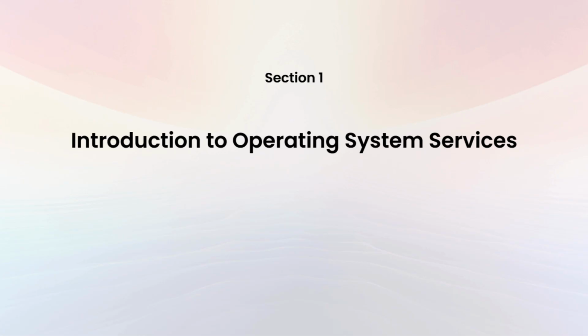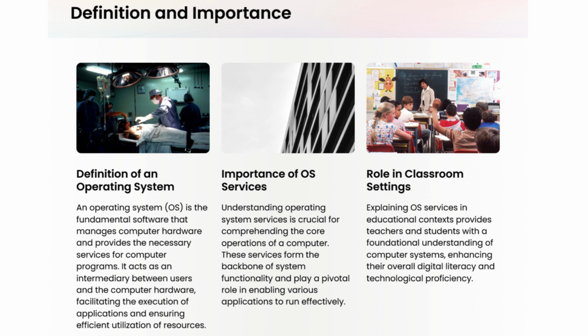So let's start with section 1, Introduction to Operating System Services. So what exactly is an operating system? An operating system, or an OS, is a core software that manages computer hardware and also provides the necessary platform for applications to run.